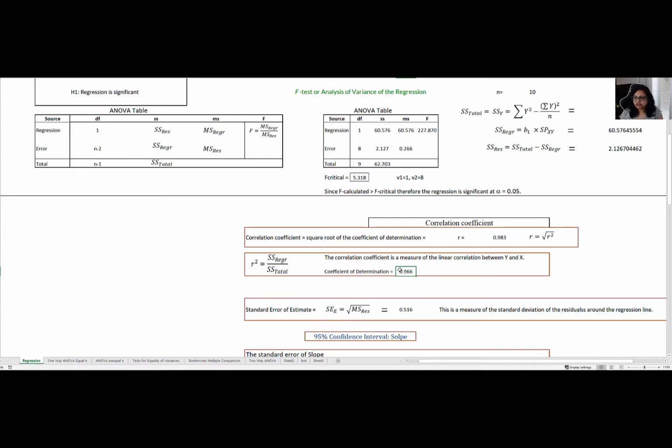So the coefficient of determination is directly the sum of squares, that means how much you are explaining using the independent variable, using this regression line. So you can see that some of it goes to error. That means that much we are not explaining.